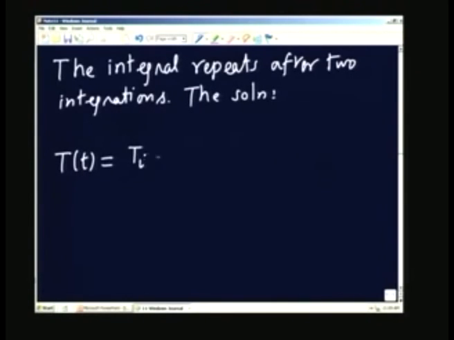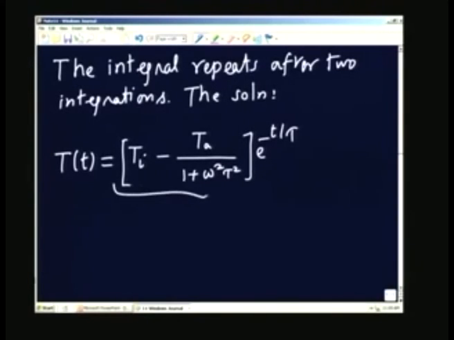T I minus T A divided by 1 plus omega squared tau squared, whole multiplied by e to the power of minus t by tau. We will call this the transient part, just like what we had in the case of a ramp input.